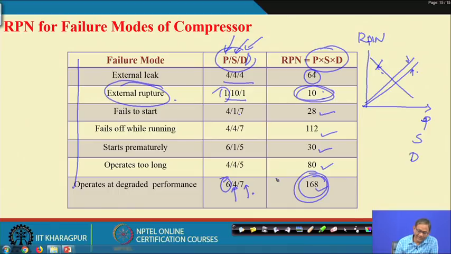That means ultimately loss to the system because of this failure mode is much more compared to others. So, your efforts, actions require here. Okay. Another one, operates too long, that is also an issue. Third one is the fails while running, an issue, and external leak also an issue, because these are having high RPN values.